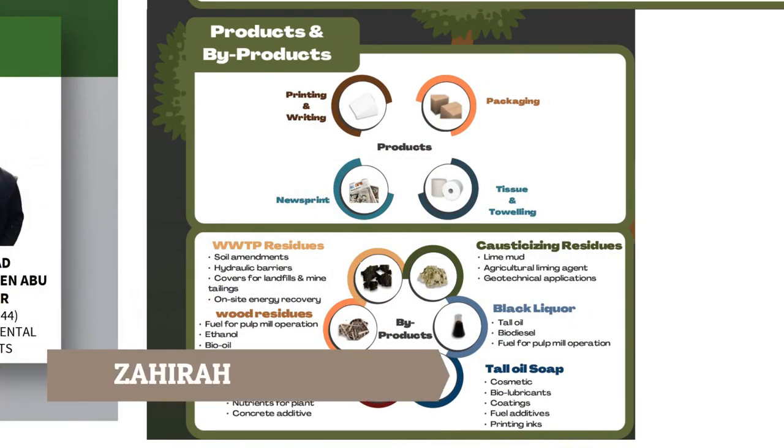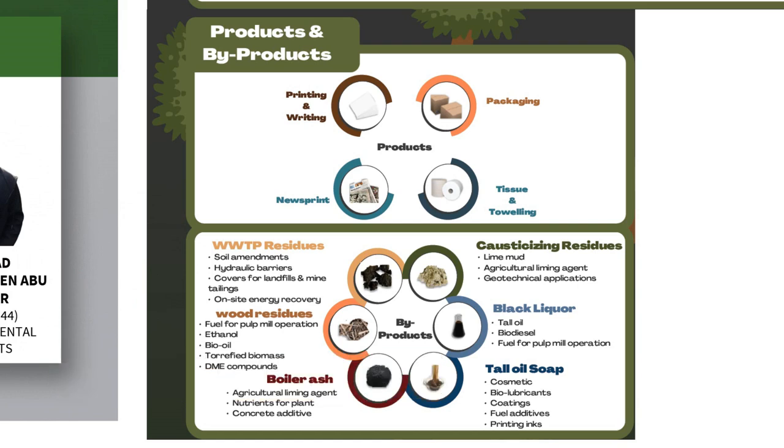There are many byproducts formed from the paper manufacturing process, such as wood residues, black liquor, and tall oil soap. Black liquor formed from the kraft process can be used to produce tall oil, biodiesel, or be converted into fuel for pulp mill operation. Wood residue produced from the debarking process can also be directly used as fuel for pulp mill operation or indirectly to produce ethanol, bio-oil, torrefied biomass, or DME compounds.